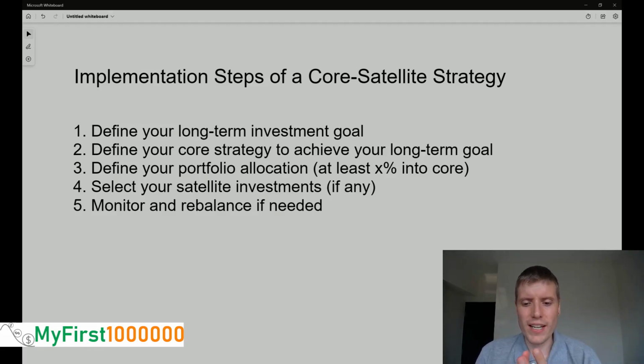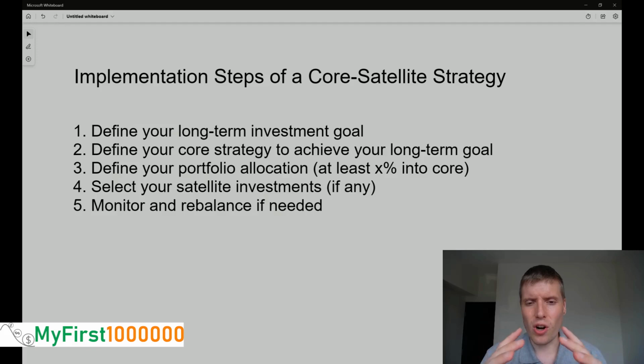So the core strategy is there to achieve your long-term goal, and you need to make sure that you allocate enough of the funding that you have into the core strategy so that you are ensuring the achievement of the long-term goal. So this is automatically already leading us to the third point. You want to define the portfolio allocation. How much of the money that you have, this usually is in a percentage, like an allocation percentage, but also could be a specific amount for each month, how much you need to allocate towards your core strategy.